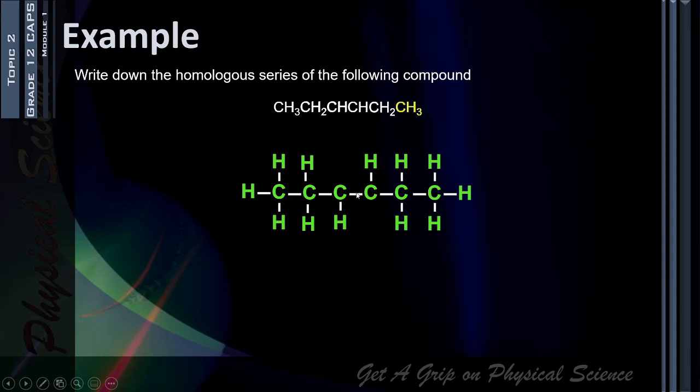So you have to include a double bond between those 2 carbons to make it 4 bonds on that carbon and 4 bonds on that carbon. And then the last 2, both of them have 4 bonds again. So a double bond is the functional group of the alkenes.